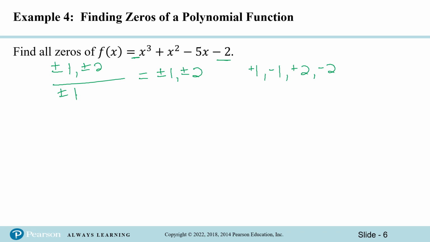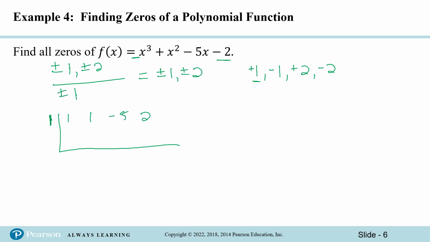Okay. So now is the guess and check part. So we're going to pick one of them. I'll just randomly pick one. I'll start with 1. I'm going to use synthetic division.